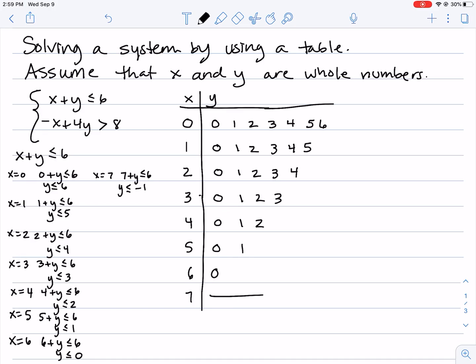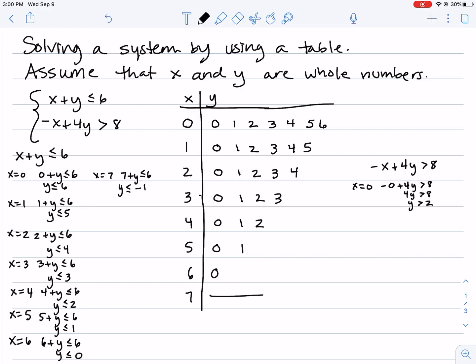So over here, I'm going to take that negative x plus 4y greater than 8. And I have to do the same thing. I've got to substitute in x equals 0. So let's see, -0 plus 4y greater than 8, 4y greater than 8, and solving, y is greater than 2.